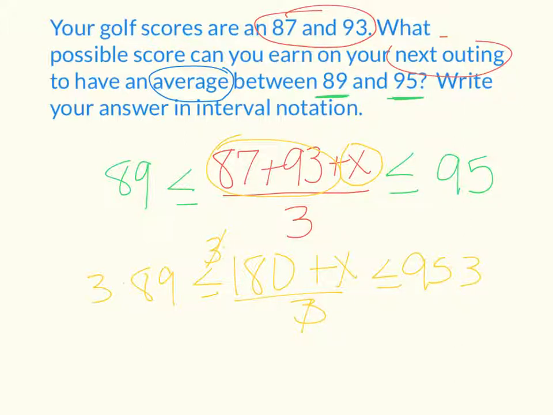So this is 267. And then 95 times 3 is 285. Still solving for x, so I have to subtract 180.